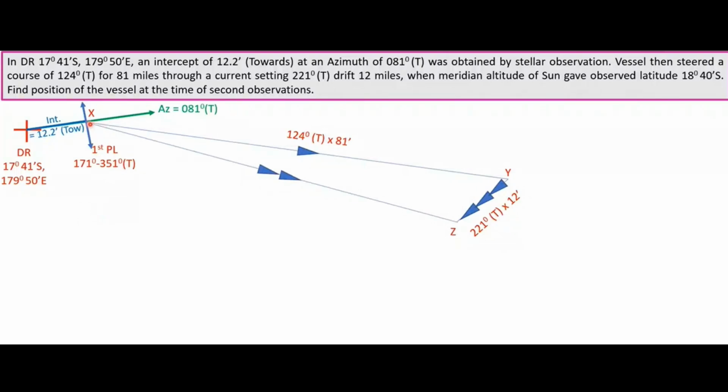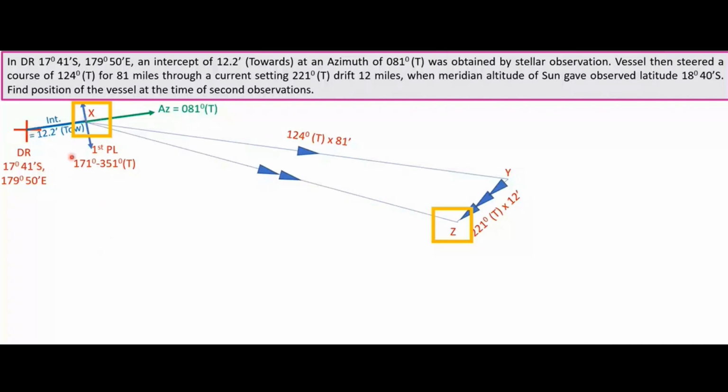Now we know that point X stands transferred to point Z. So point X, to which the first PL is drawn, is now transferred to point Z. That means we can mathematically calculate point Z, provided we know the coordinates of point X. But we do not have the coordinates of point X. On the contrary, we have the coordinates of this DR. But we know the direction of X and the distance.